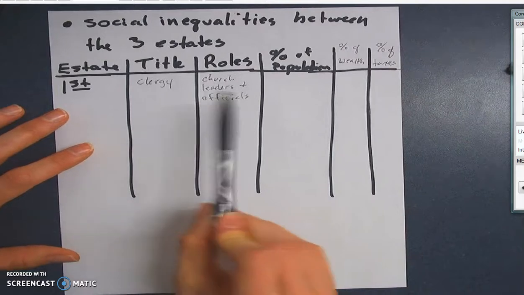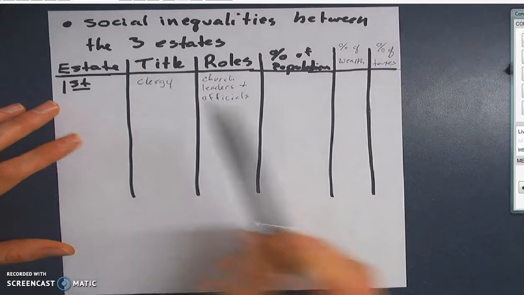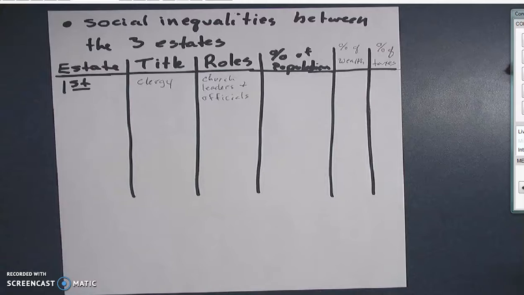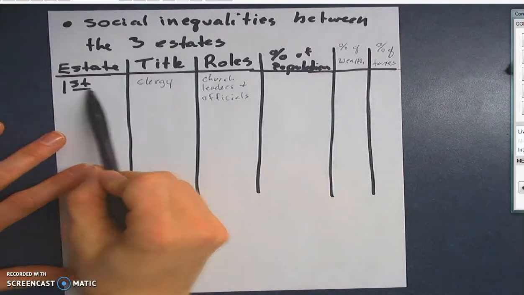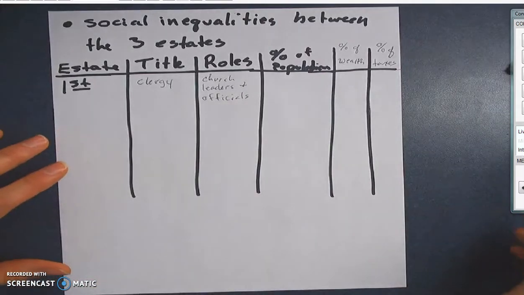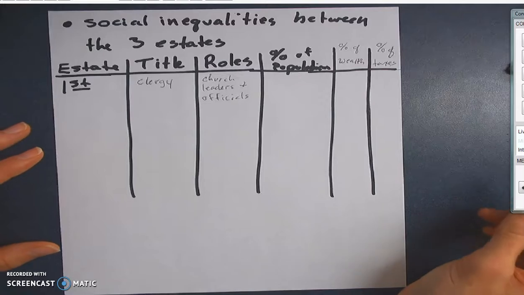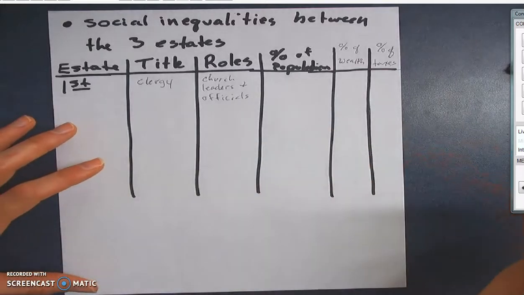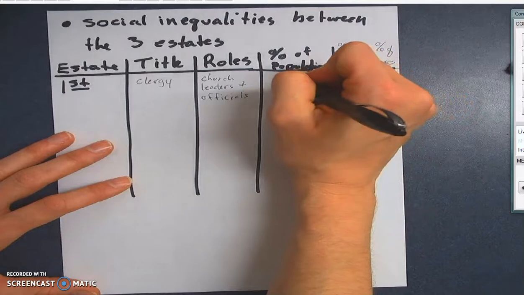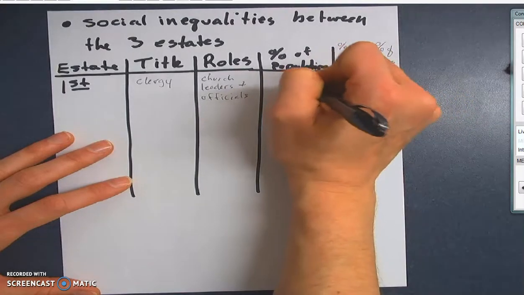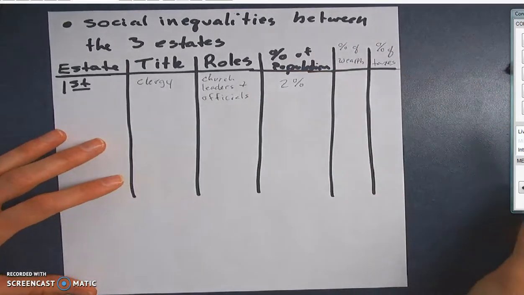Now, the king is also part of the first estate because he is considered the head of the Catholic Church. And then there's the Pope, but the Pope lives in Italy. So the king is part of the first estate. And this first estate roughly makes up about 2 to 3%, so we'll say 2% of the population.